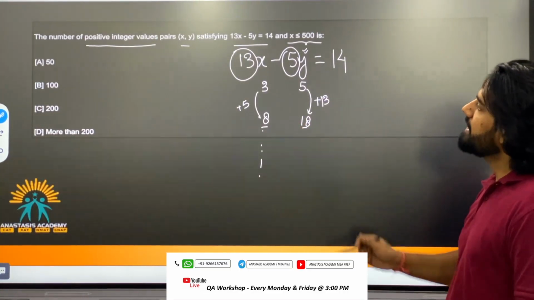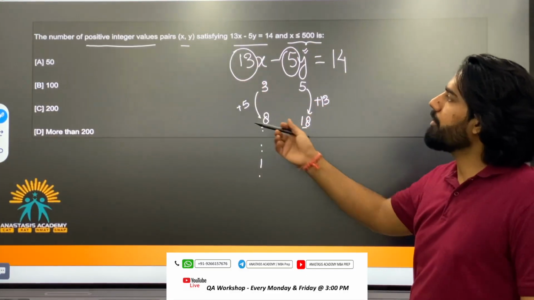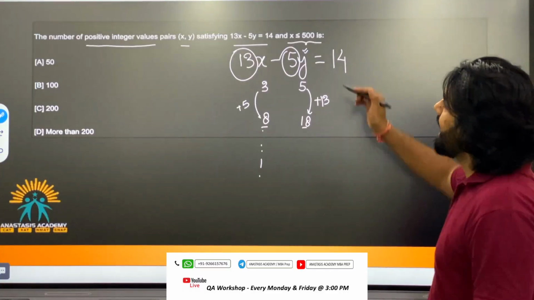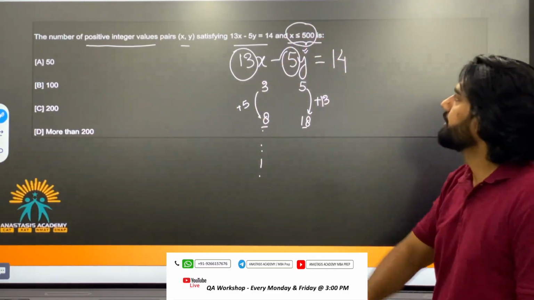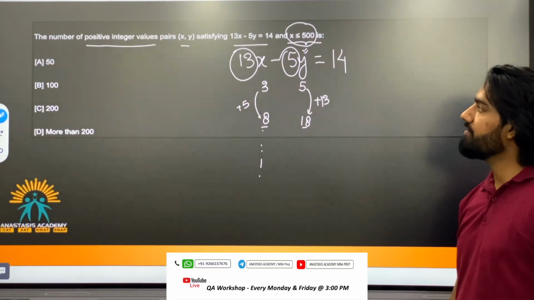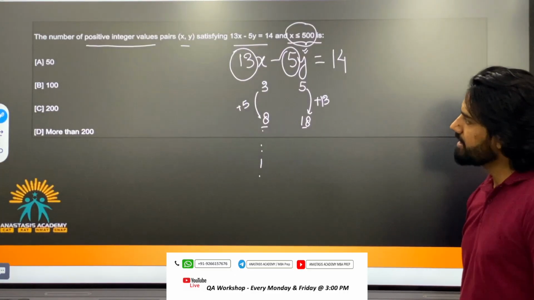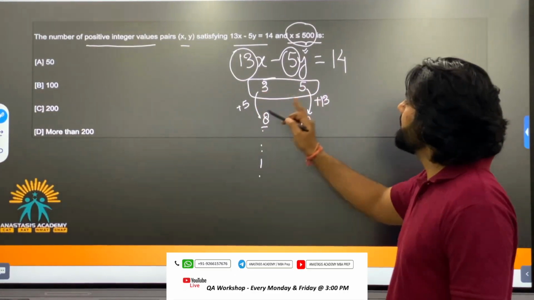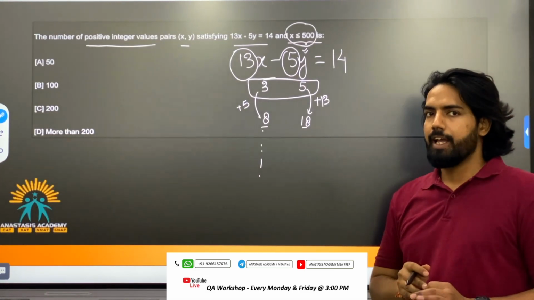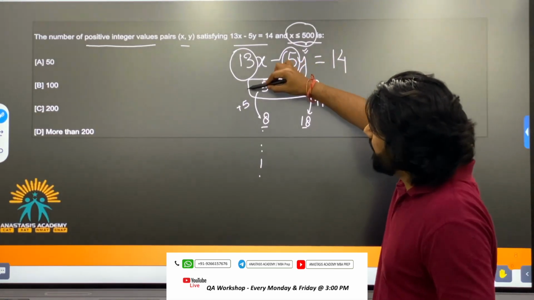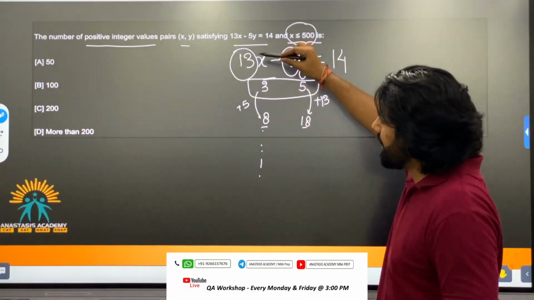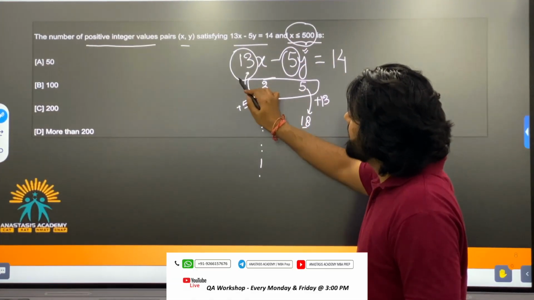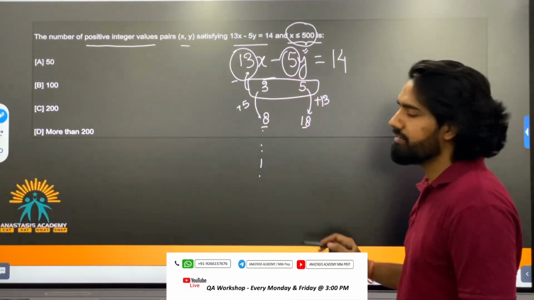Now it is given that we need to find how many positive integer pairs are there such that x is less than or equal to 500. If you notice, this pair (3, 5) would be the first such pair, because if we go one step backward, I need to subtract 5.